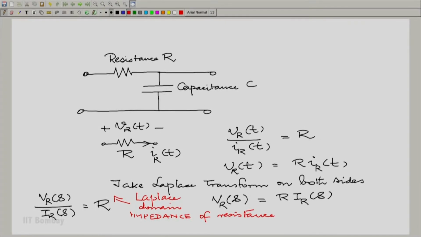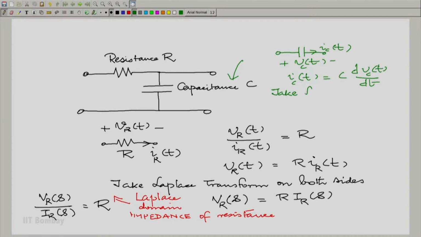In a similar manner, we can take the capacitance and analyze it on the side. So, for the capacitance, I would have again a voltage and a current associated with it. So, V_C(t) and a current I_C(t) flowing through it, whereupon I_C(t) is equal to C times the derivative of V_C(t), and we can take the Laplace transform on both sides, giving us the Laplace transform of the current is Cs.